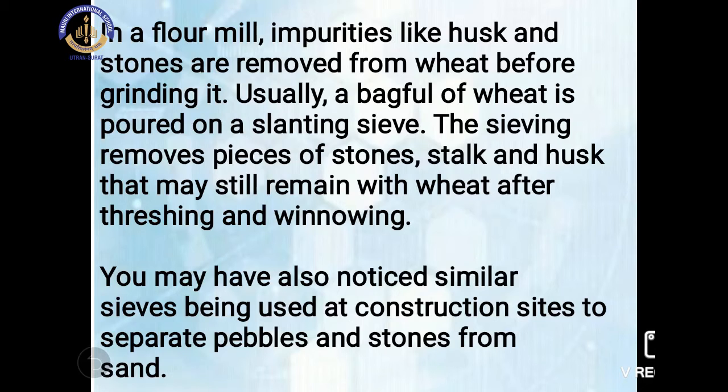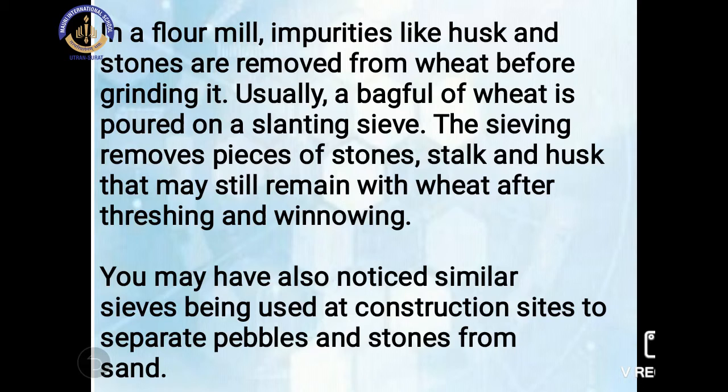Husk also means the outer cover of the seeds or grain. We have to remove impurities like husk and stone from the grain before grinding it. Otherwise the impurities will also be ground with the grain. So we have to separate the impurities from the grain.